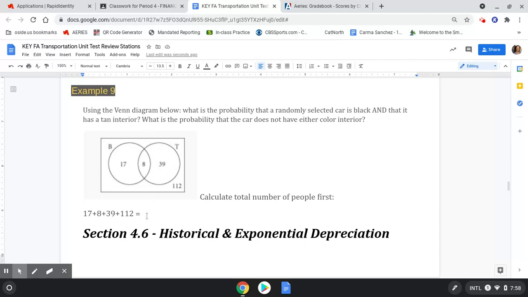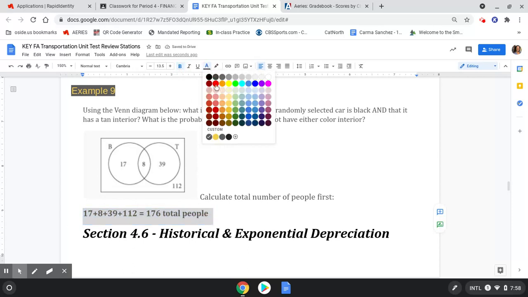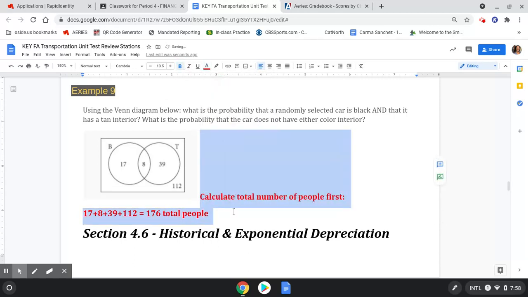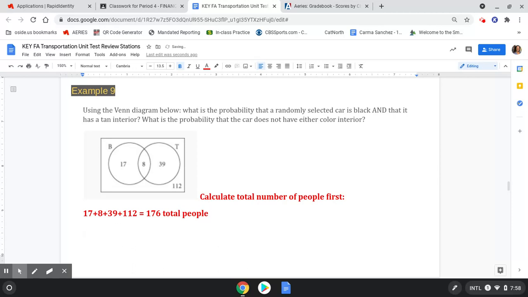So let's grab the calculator and add that. That's going to be 17 plus 8 plus 39 plus 112. I'm getting 176 total people. All right, now we can do our fraction.